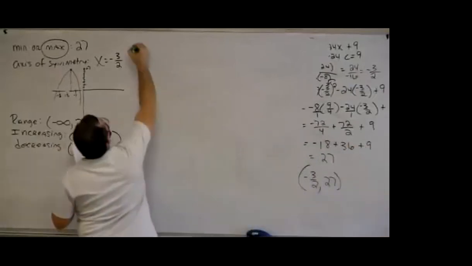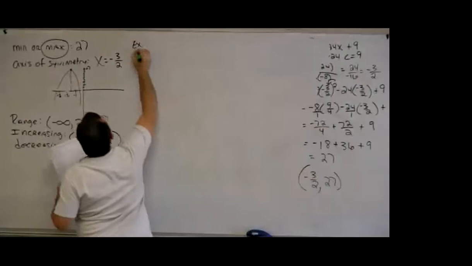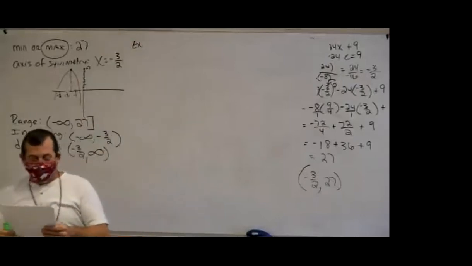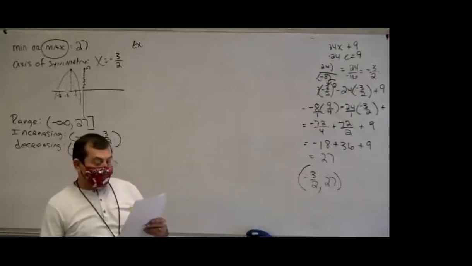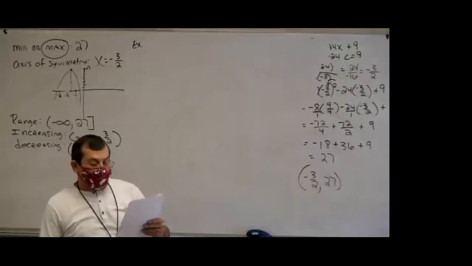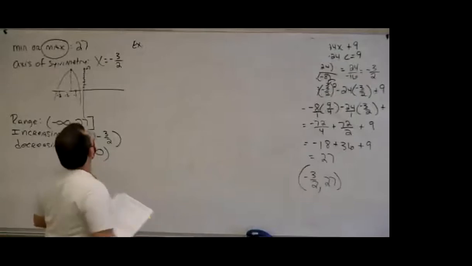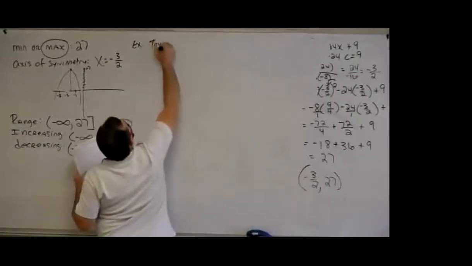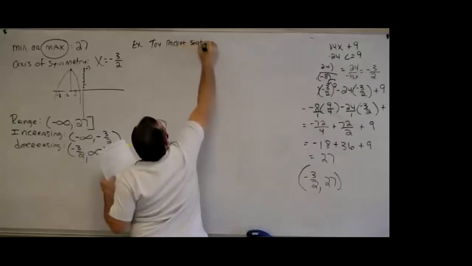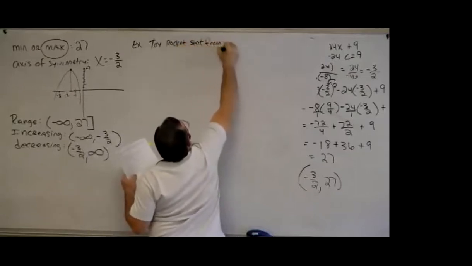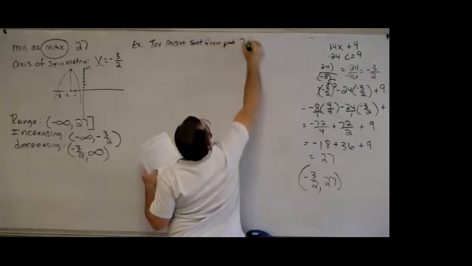All right, y'all, here we go. Last problem of the day. A toy rocket is shot vertically into the air from a launching pad 7 feet above the ground. So toy rocket shot from a pad 7 feet above ground.